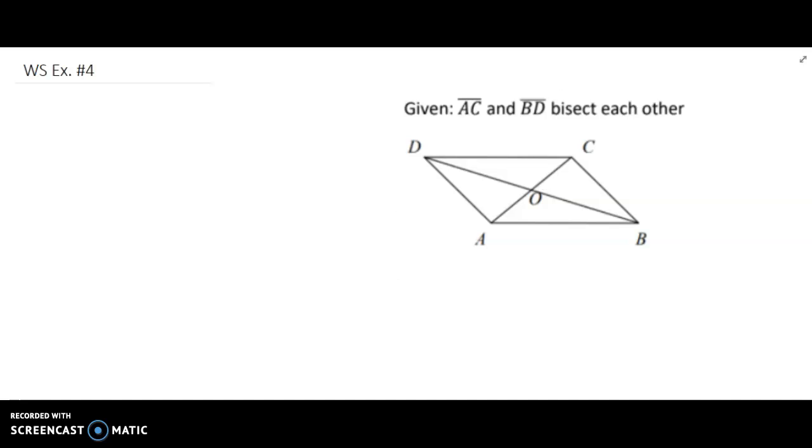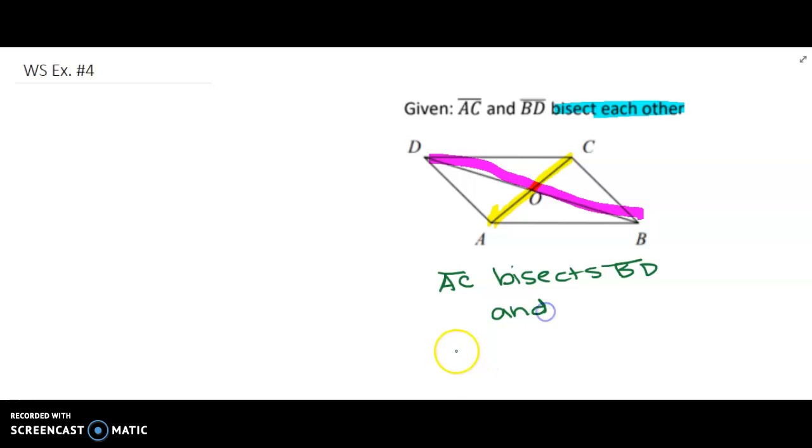All right, so let's look at this one, and this one's a little more tricky. The next two both are. So I'm given that AC, which is right here, and BD, which is right here, bisect each other. Okay, so if I were to write that in words, that means AC bisects BD and BD bisects AC.